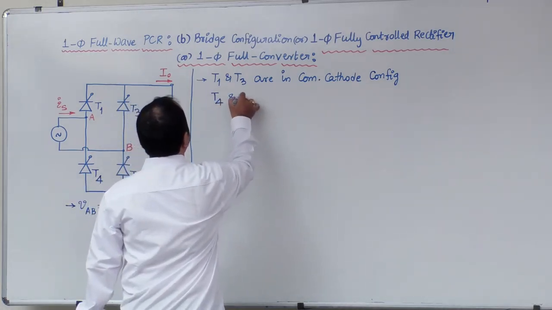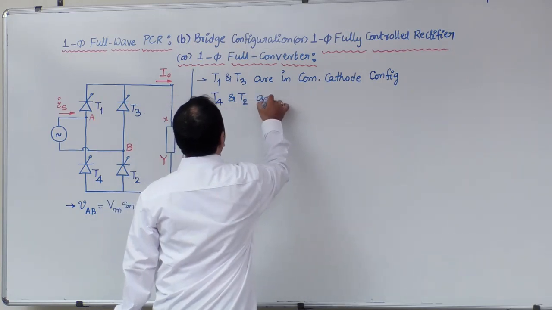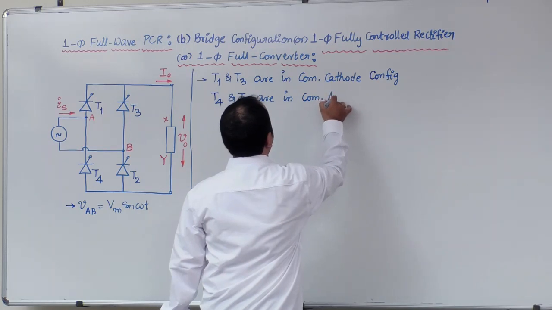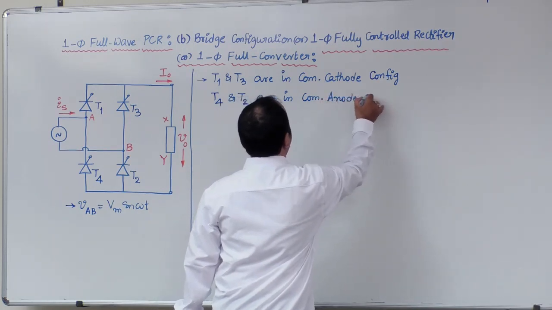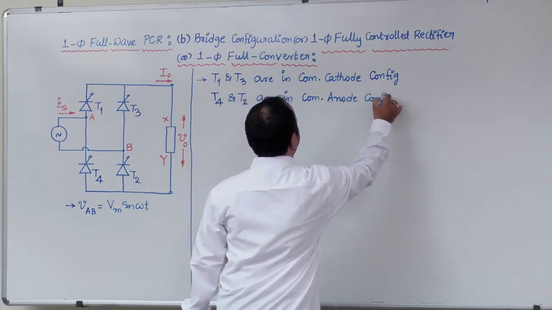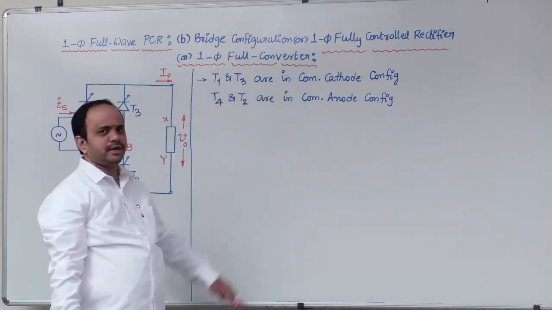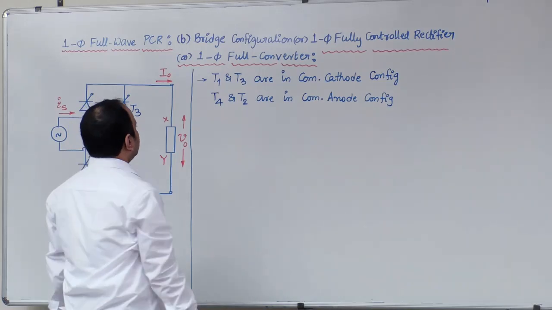Lower half devices T4 and T2 are in common anode configuration.